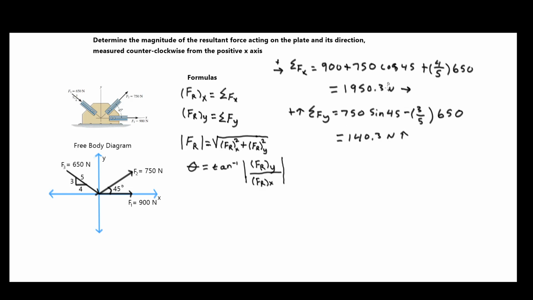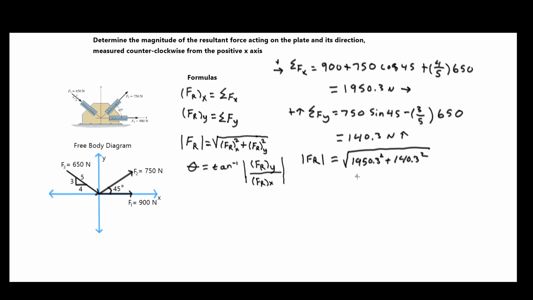So now we have our x and y components for our resultant force. Now we can go ahead and plug it into this magnitude formula right here. So the magnitude of our resultant force is equal to the square root of, starting with our x value, 1,950.3 squared plus our y value, which is 140.3 squared.